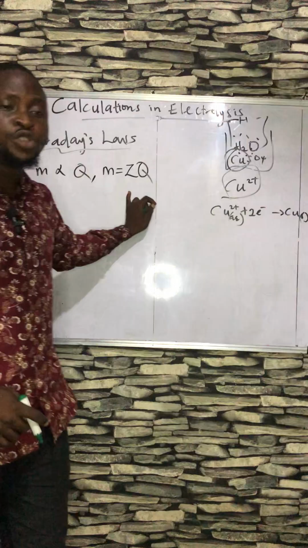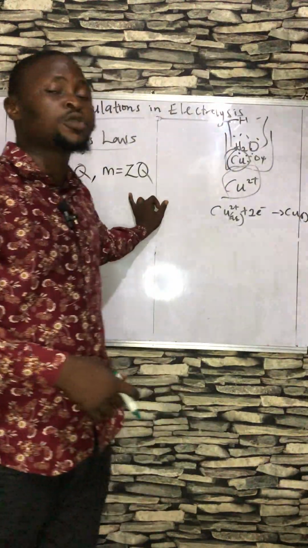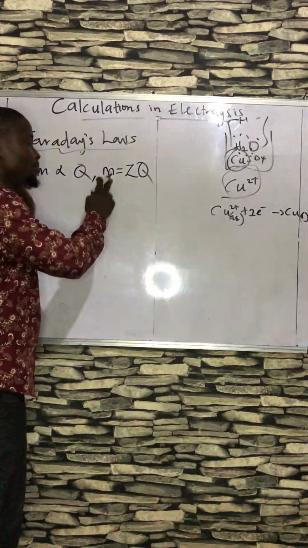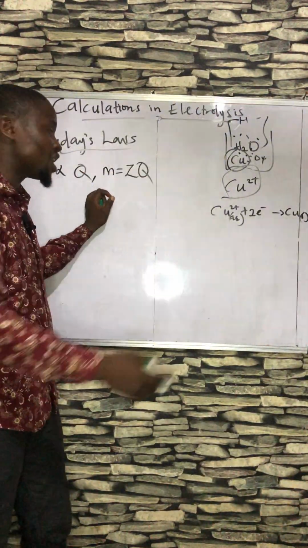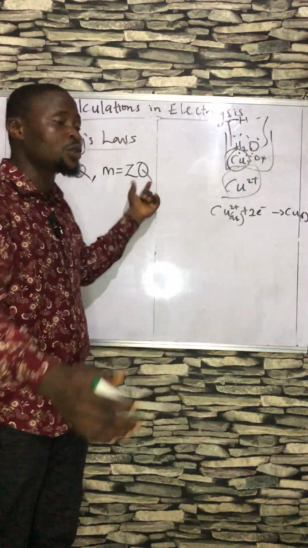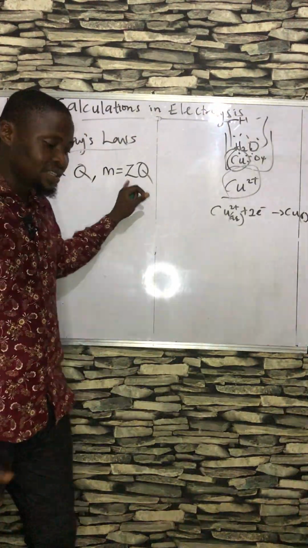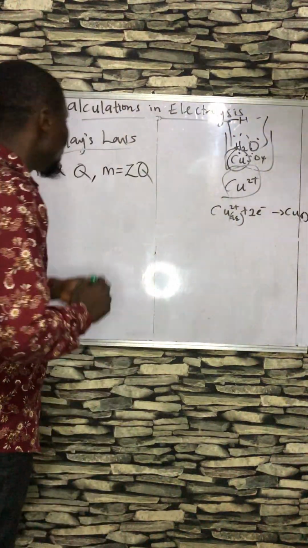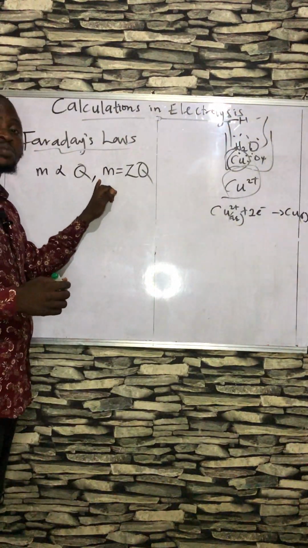At times they might use K. They might also use capital letter E, where M is the mass of the substance discharged, Q is the quantity of electricity passing through the electrolyte, and Z is the electrochemical equivalent.